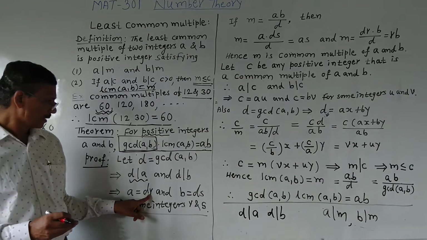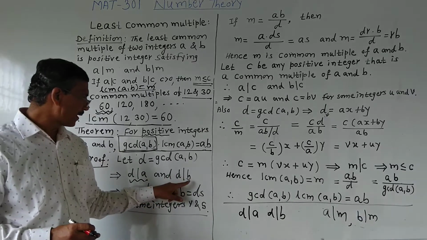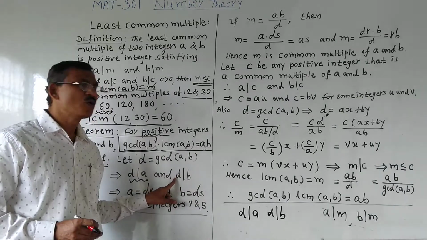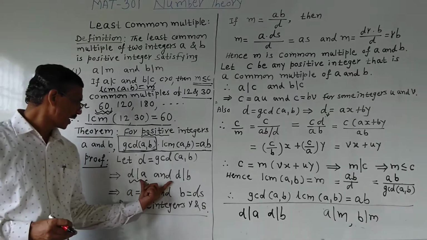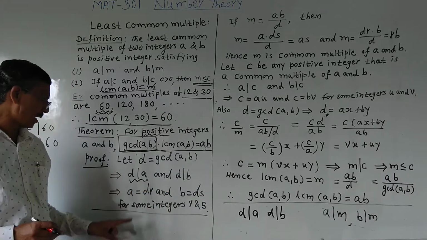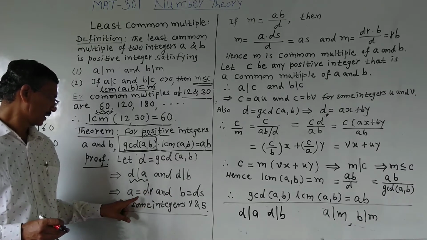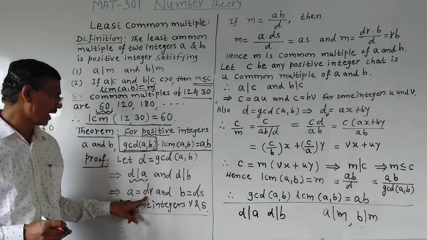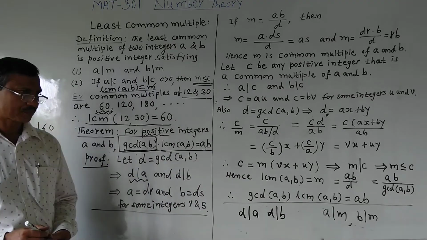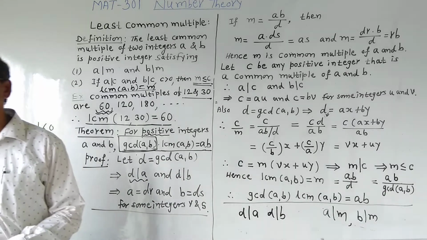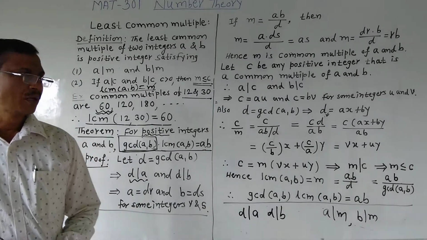Here R is an integer. Similarly, D divides B means B is equal to D into some other integer which is denoted by S. Means together D divides A and D divides B implies A is equal to DR and B is equal to DS. Here R and S are integers.